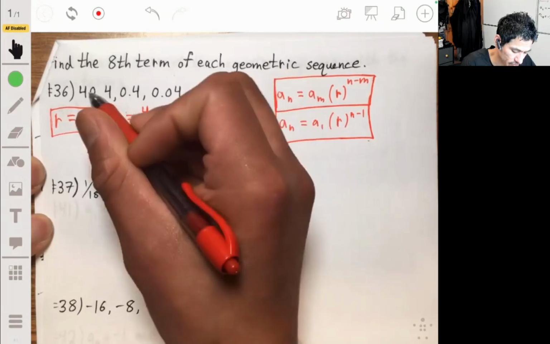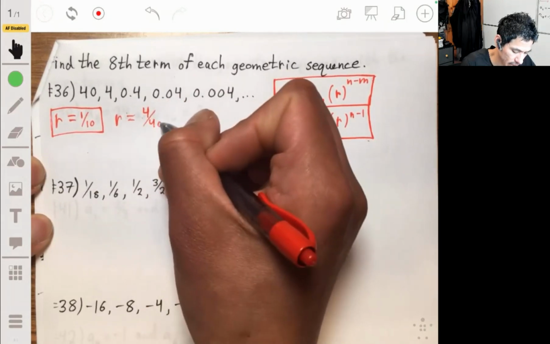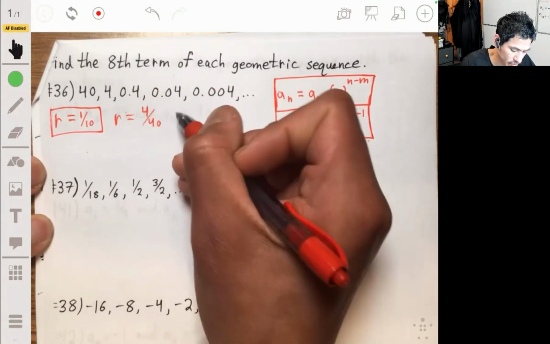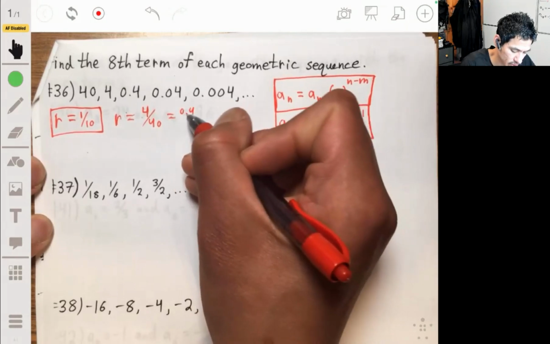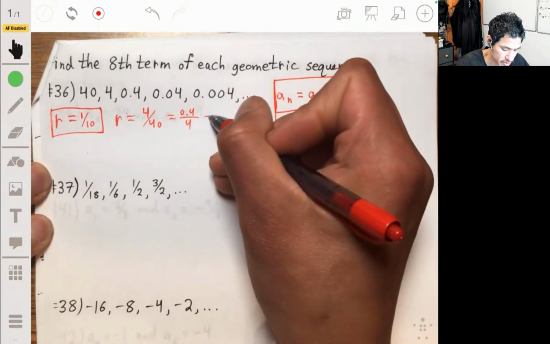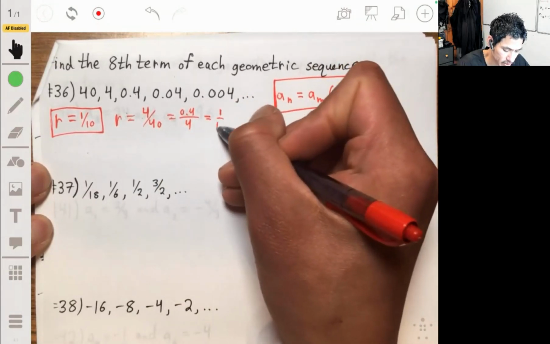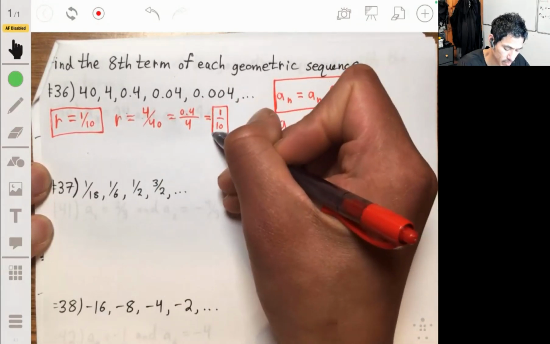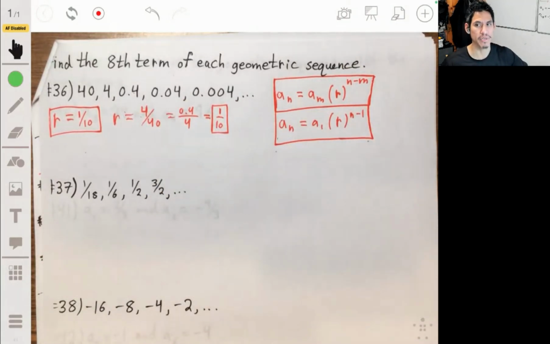So you can do 4 over 40, and that'll be the same as 0.4 over 4, 0.04 divided by 0.4, and so forth. But you're still always going to get 1/10. But if you see it right away, then don't waste your time with that.